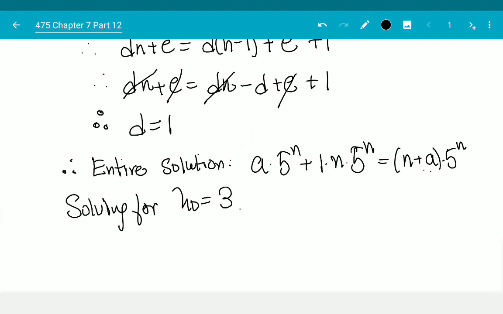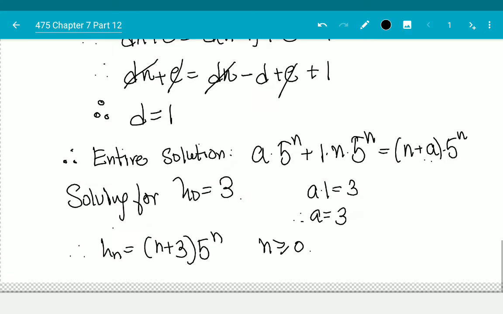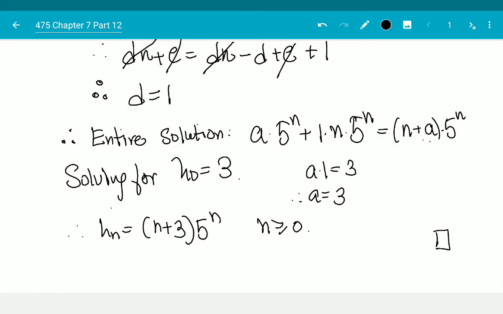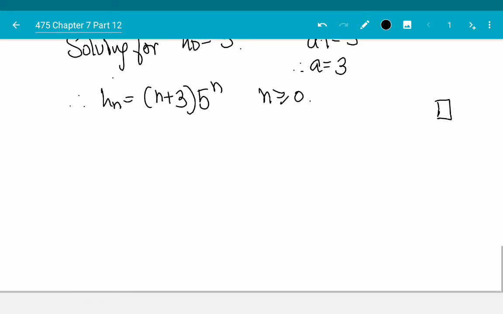I get 0 plus a times 1 is equal to 3, therefore a is equal to 3, and therefore h of n is equal to (n plus 3) 5 to the n for n greater than or equal to 0. Okay, yeah, so sorry about that. I was confused there by my own notes.